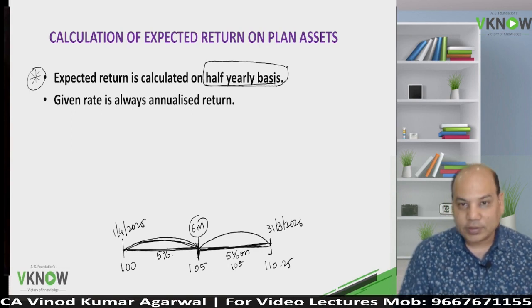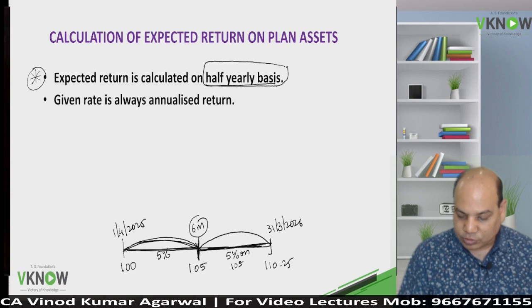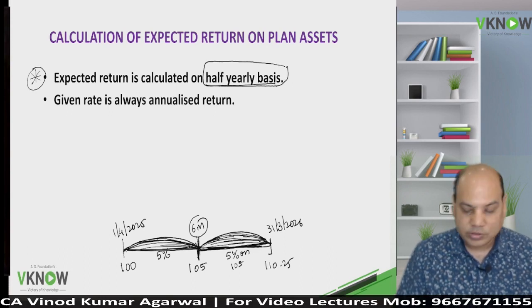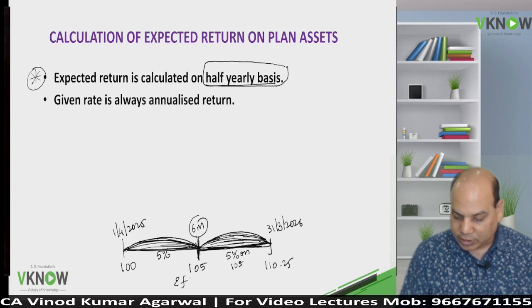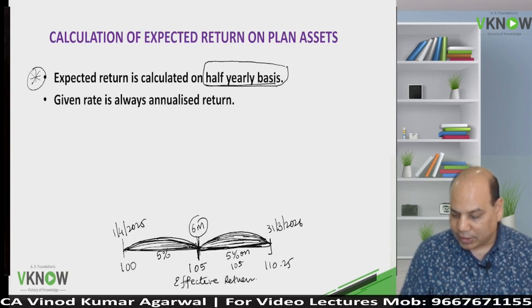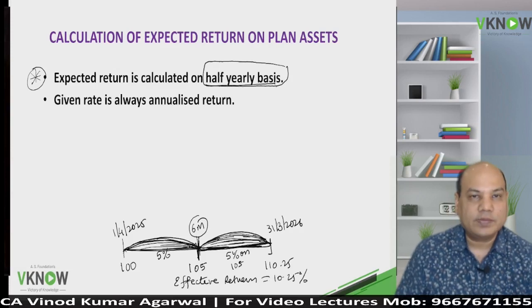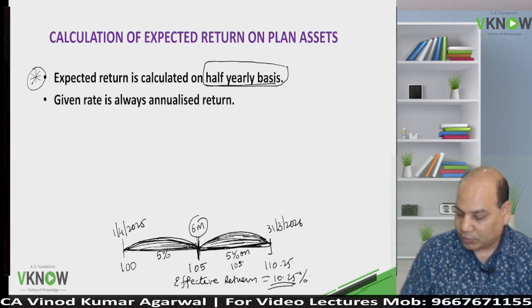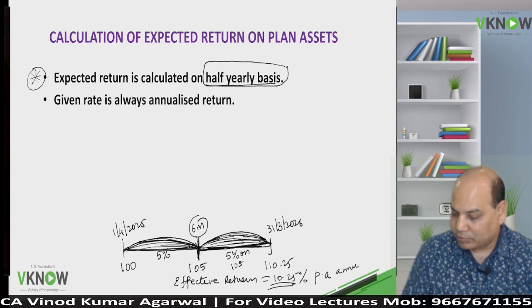So don't take 10% directly. You will have to take first 5% for 6 months and then on the revised amount again 5% for 6 months. So the effective return would be 10.25%. If you are getting 5% every 6 months, the effective return would be 10.25% per annum with annual compounding.